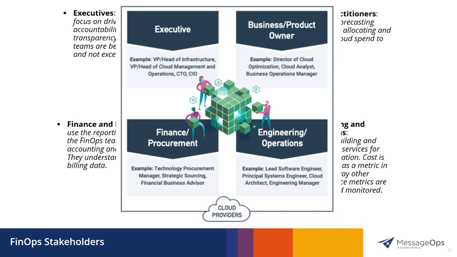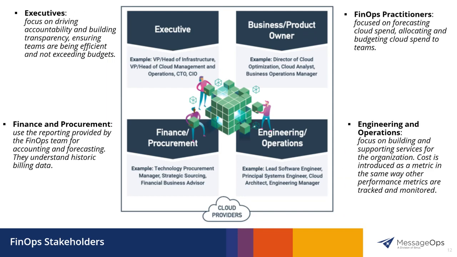Next one, Kevin. So when we talk about this, who are the stakeholders? And we're talking about this team, okay? You look at the executive, and the executives focus on driving accountability, building transparency, okay, and assure that the teams are being efficient and not exceeding budgets, okay?